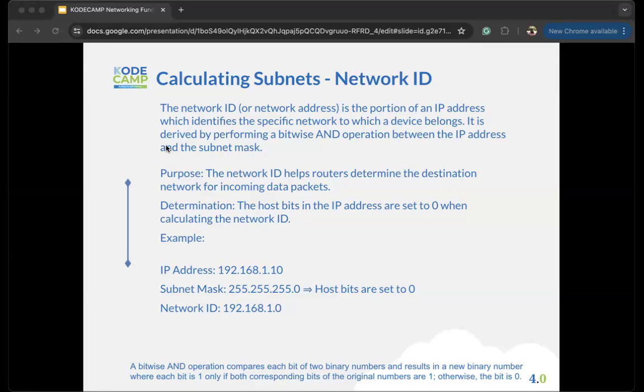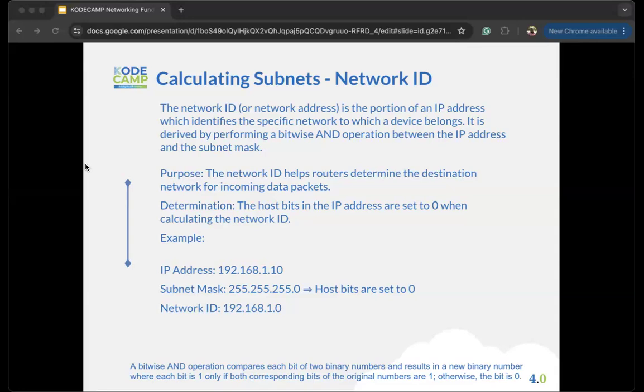So if you're working within a subnet, that entire network would have an address, so that when routers are sending data from one network to another, they would know specifically what network they're sending that data to. And they will know, based on the subnet mask, that the network they're sending this packet to is 192.168.1.0.